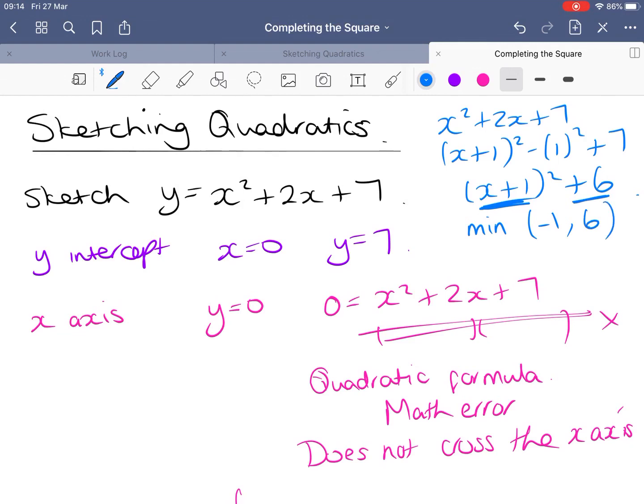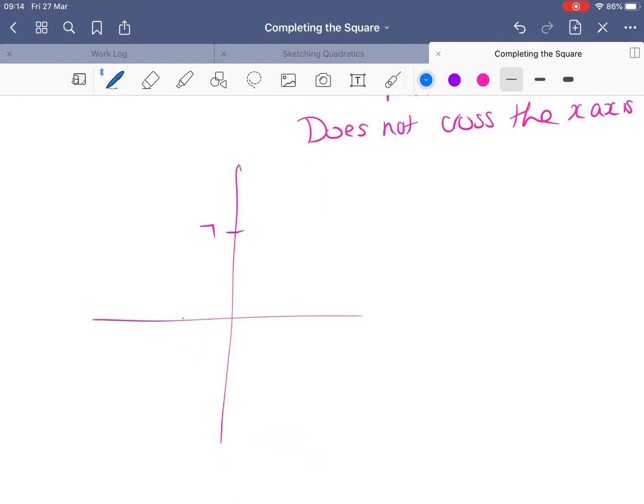So now I've got that extra bit of information that I need. I know when my x value is minus 1, my minimum value is there. So at least now I can draw a quadratic and have it on the right side of the y-axis and have it looking roughly correct.